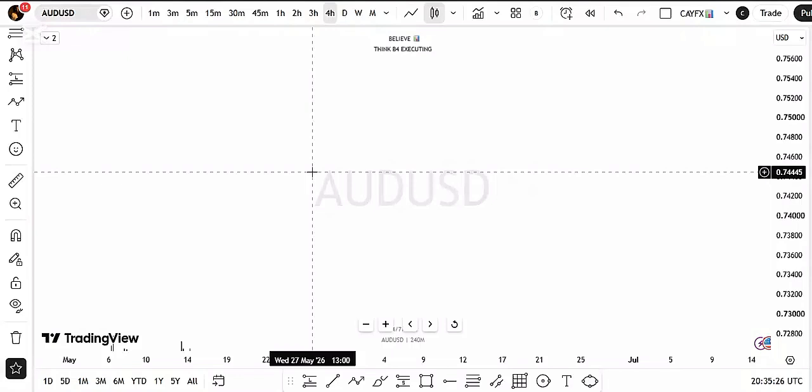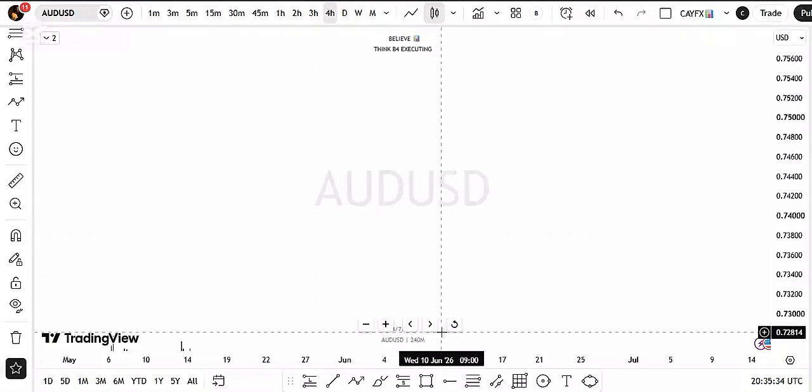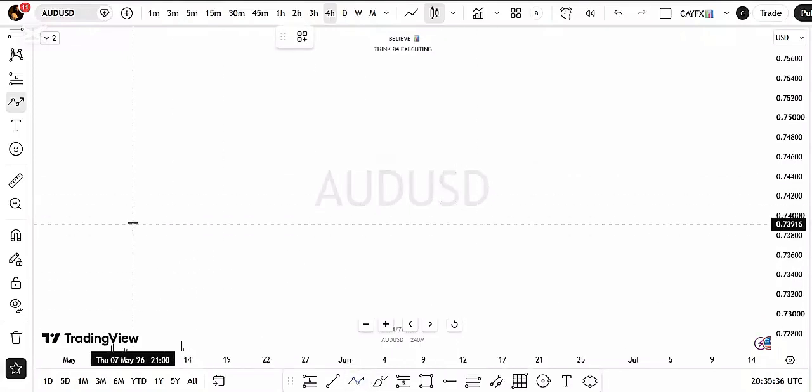In the uptrend market you can call it bullish, while downtrend you can call it bearish movement. I want to show the types of structure we have and how you can identify them in your chart properly.